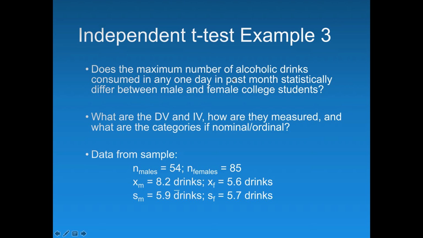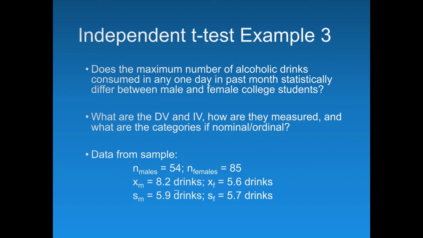So an example of sort of going through this. Does the maximum number of alcoholic drinks consumed in one day in the past month statistically differ between male and female college students? Look, that's not the DV, never mind. What is the DV in this case? What do we think?